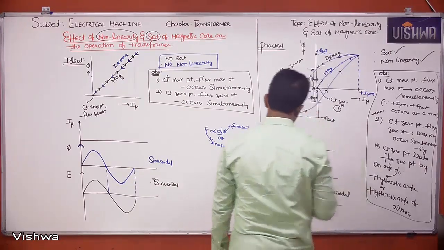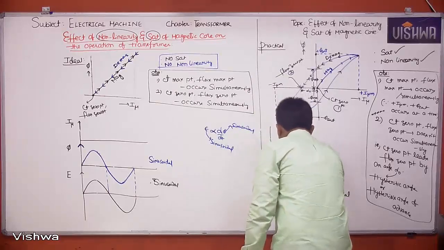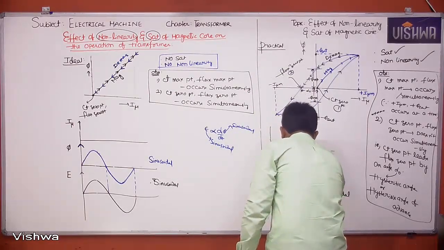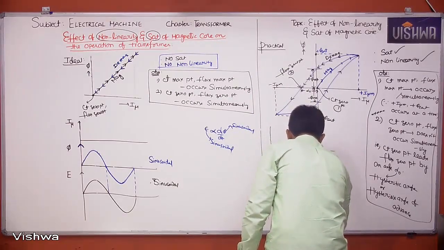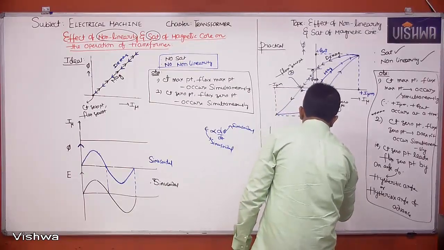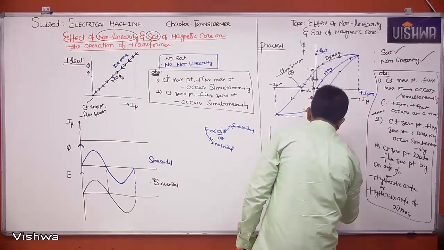This is the shape of the flux waveform required for us: nothing but sinusoidal once again.